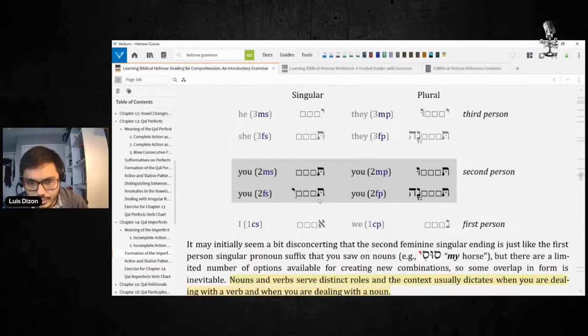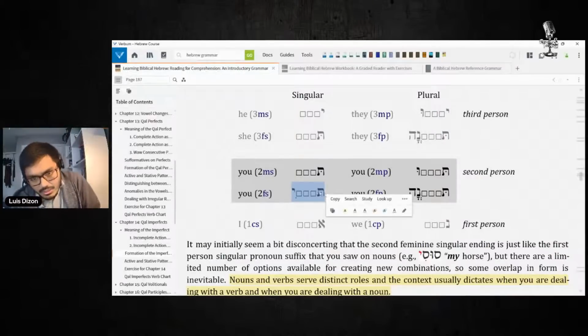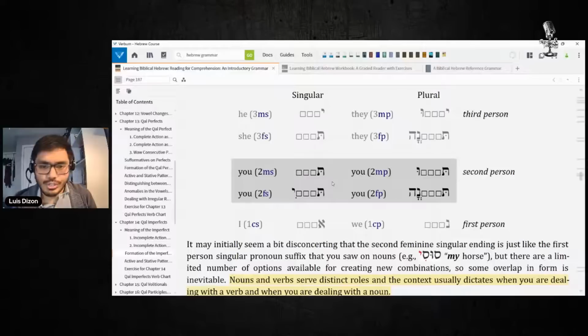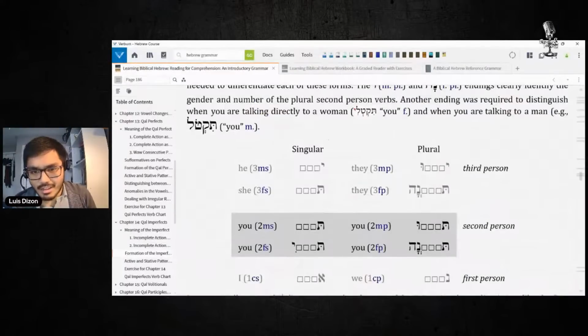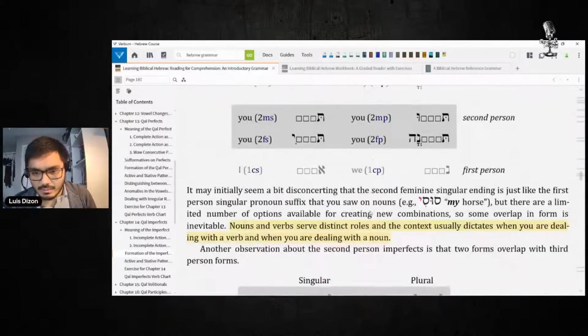But you should not confuse these two with each other, because pronoun suffixes are placed after nouns, whereas these are verbs. So before you get confused by these two forms, first ask yourself, am I dealing with a verb or with a noun? Once you determine which one you're dealing with, you know which paradigm or set of endings to take into account.